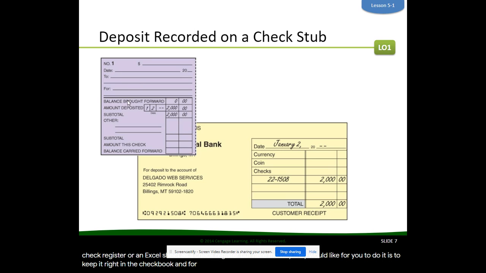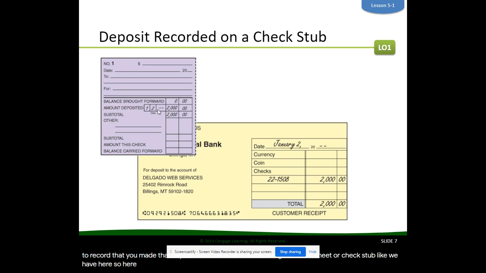And for this business, we are using a check stub instead of a check register. I'm sure if you go home and ask your parents if they have a checkbook, they have a check register. A check stub is the same thing, it's just slightly different. And anytime you make a deposit, you have to record that you made that deposit, whether it be in a check register, Excel sheet, or check stub like we have here.